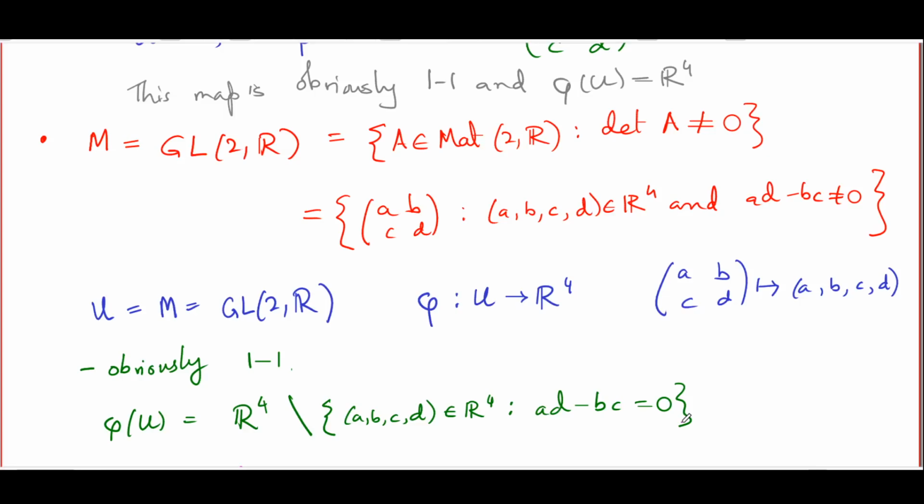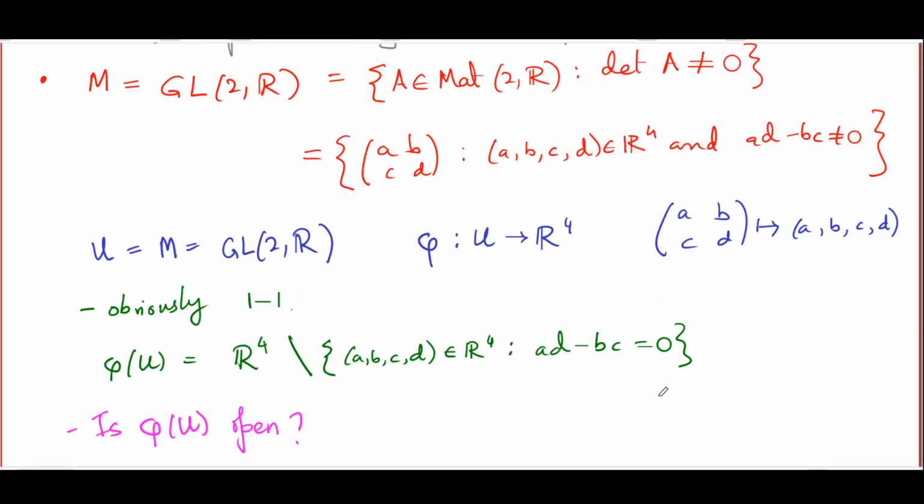What I would like to show you, however, is how you can establish that phi of U is an open set without having to appeal to some standard result from mathematics which you may or may not know. I would like to explicitly show that this particular set is open by showing that all its member points are actually interior points. Now, I do not quite remember whether I have stated this before. I have certainly implied it.